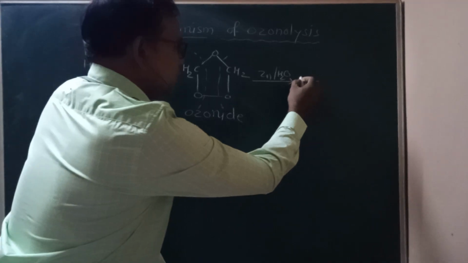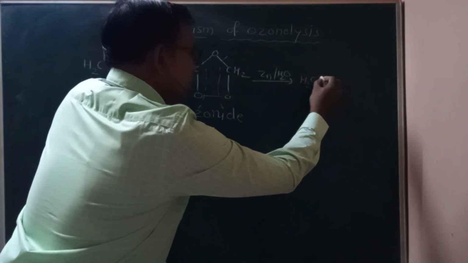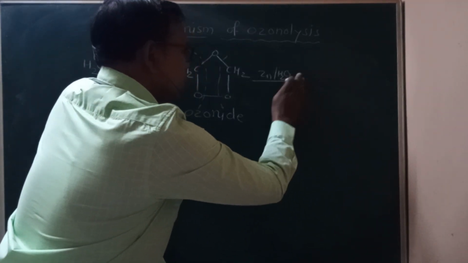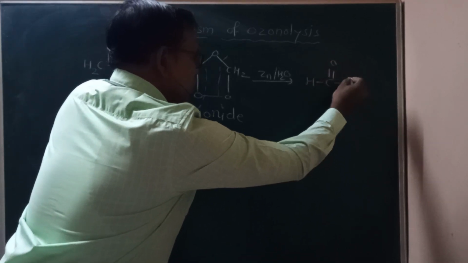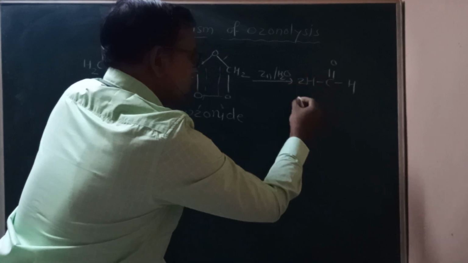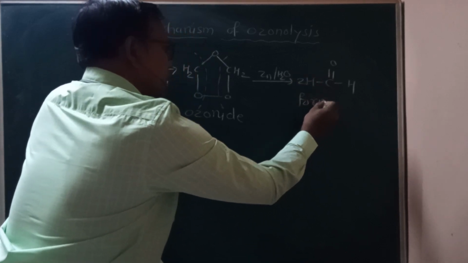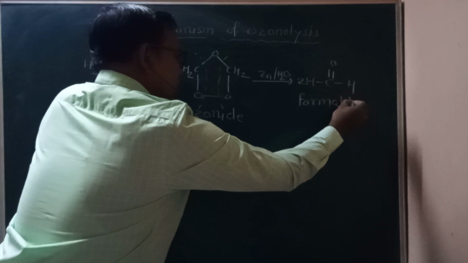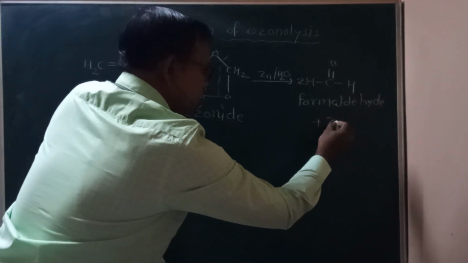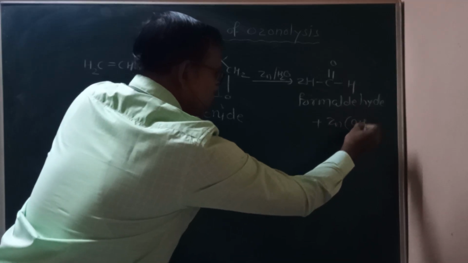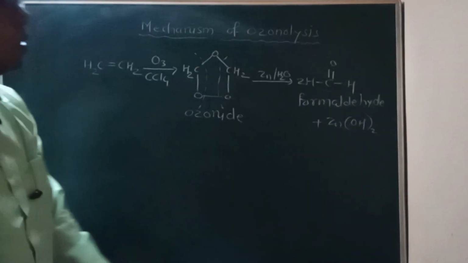We'll get HC double bond O and H, that is CH2O, two molecules of this compound called formaldehyde, plus a molecule of zinc hydroxide, that is ZnOH twice.